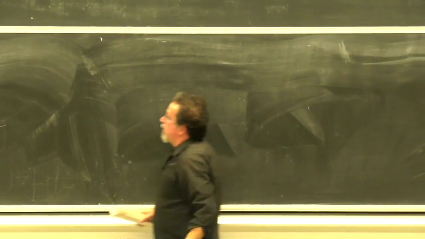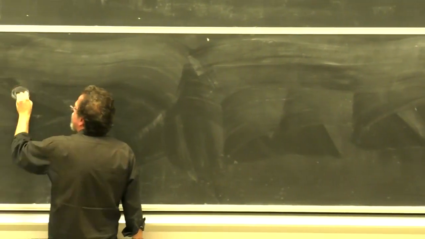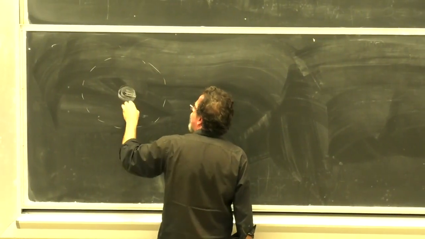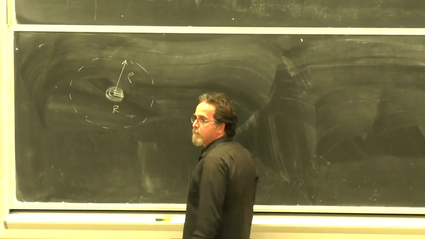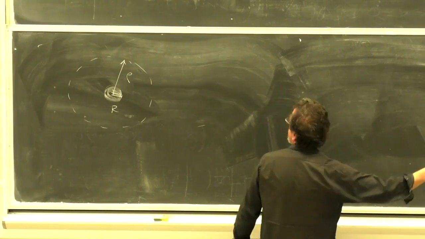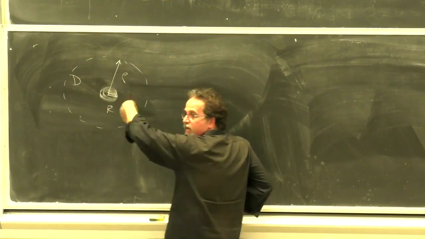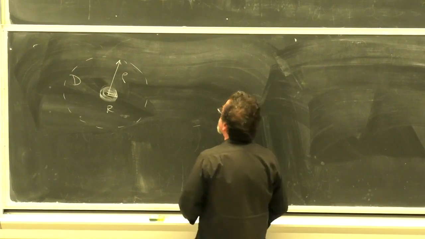So here's my charge, and here's this sphere, and this is radius r, and this is radius rho. Okay? So my domain D is this one. D is the big one, the imaginary one with the dashed line. Okay?